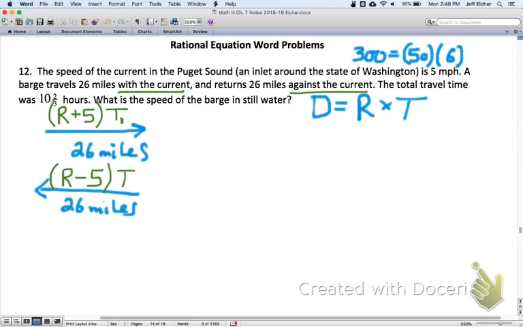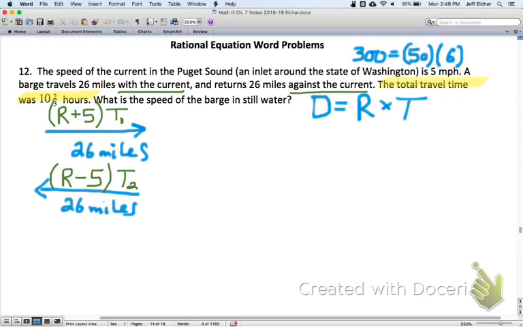And the time it takes is, we'll just call that T2. So our question is, somehow we need to relate these equations and find the speed of the barge in still water. Well, notice we have this total travel time of 10 2/3 hours.